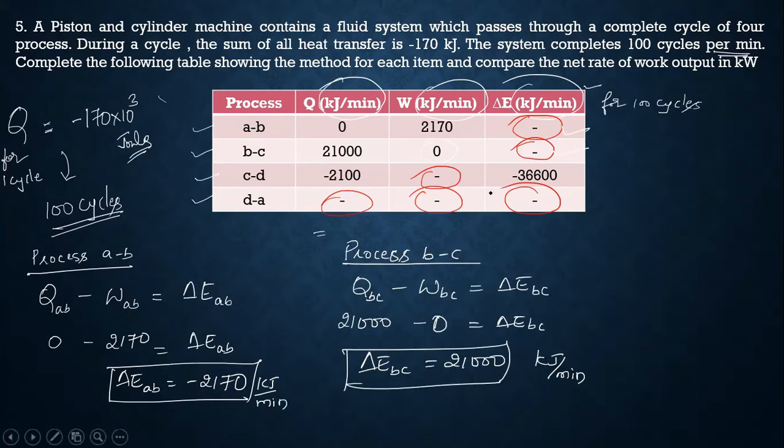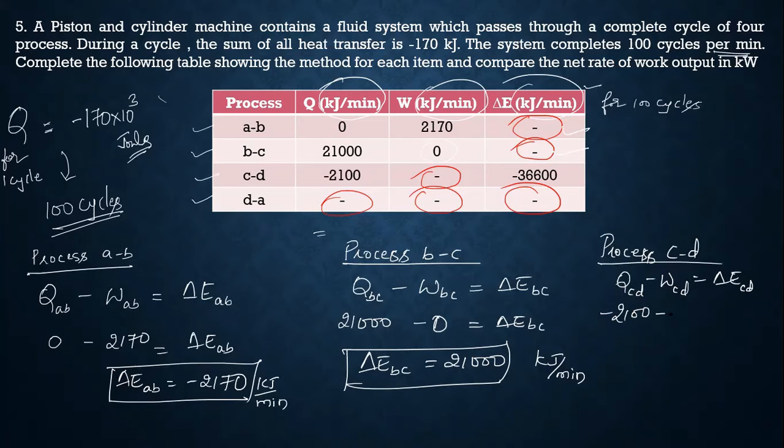This is done, and this is done. Next, the third one, process C to D. Q CD minus W CD is equal to delta E CD. Q CD is minus 2100, minus W CD, which you have to calculate.